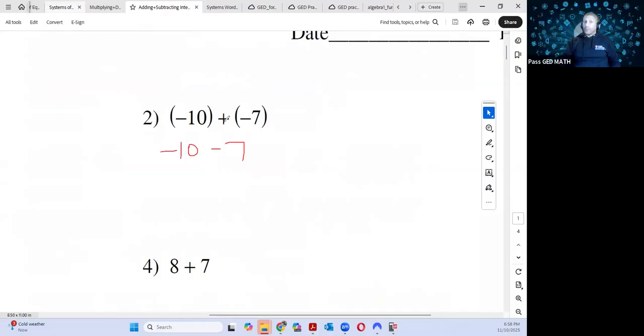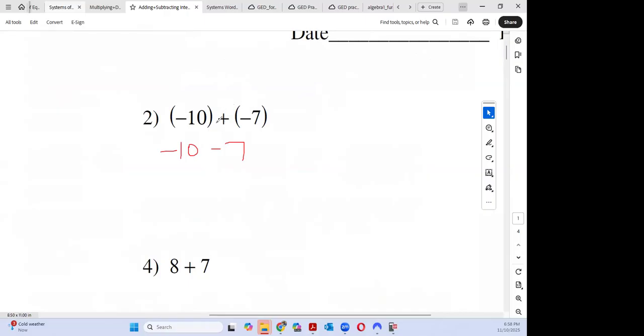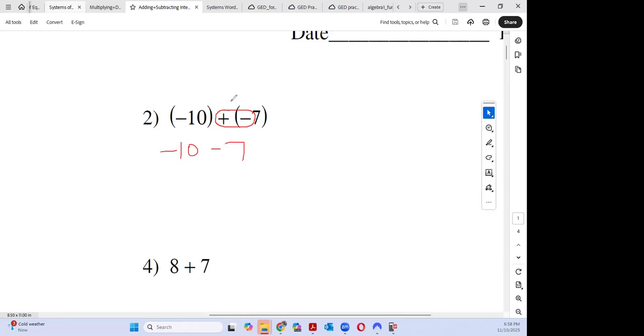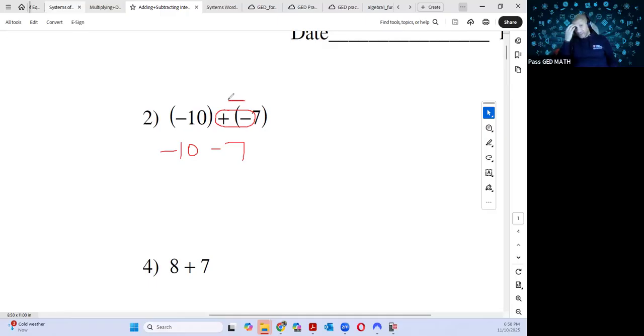Remember I told you about multiplication. What does a positive and a negative make? With addition you take the sign of the larger number, right? Not with multiplication and division. Same sign, positive; different sign, negative. So since they have different signs, this is actually minus 10 minus 7.